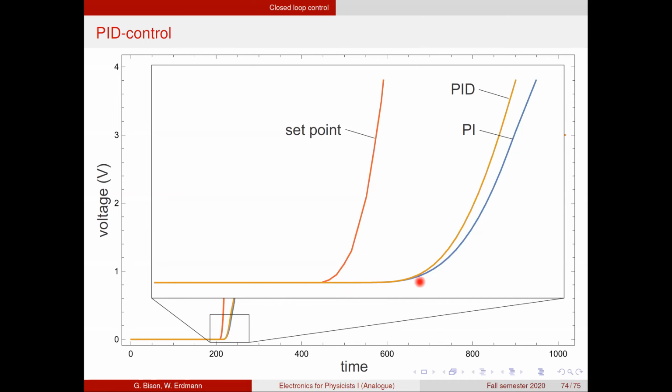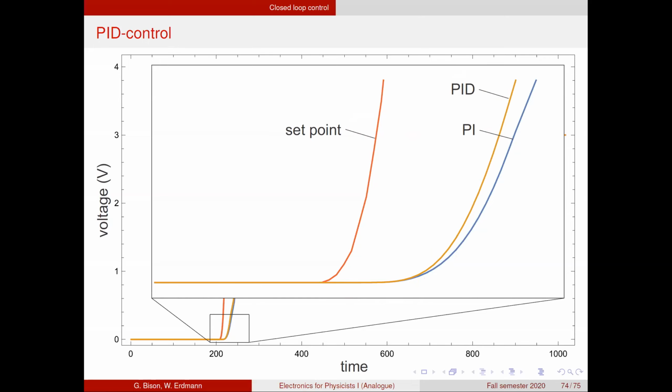The way we see this here is, of course, that the low-pass filter in our process swallows this kick, but we see that we start approaching the new set point a bit faster with a PID controller than with a simple PI controller.